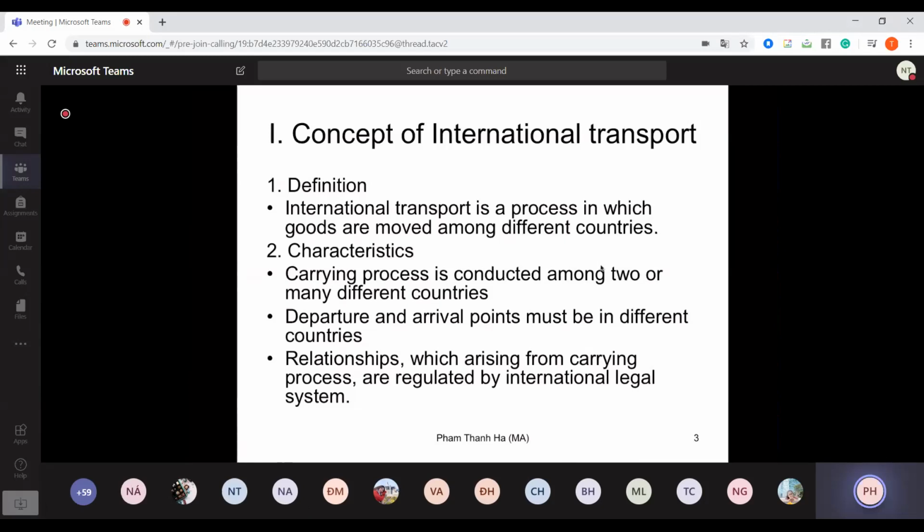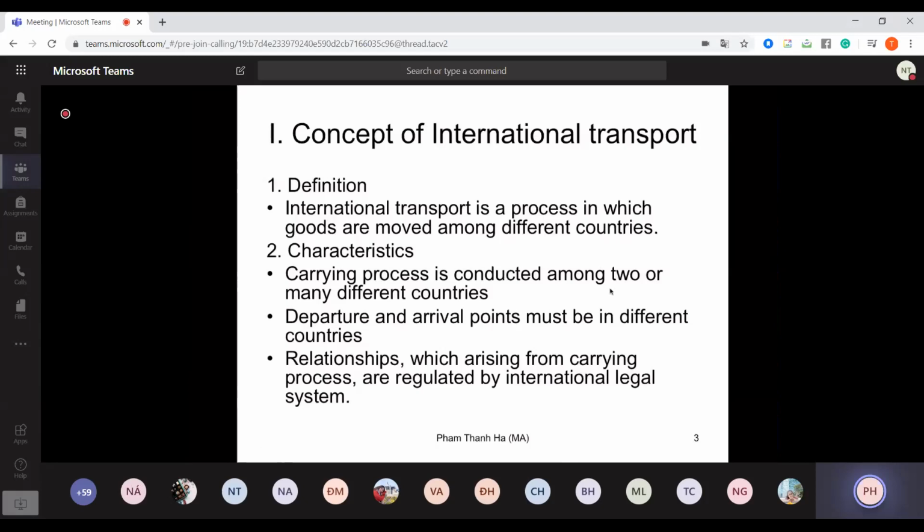This is very short and simple, but from this concept we can infer the different characteristics of international transport. From my point of view, we can see three main characteristics or features of international transport.